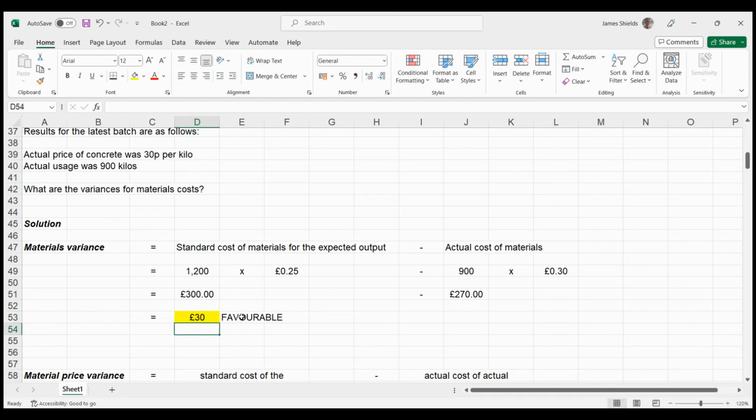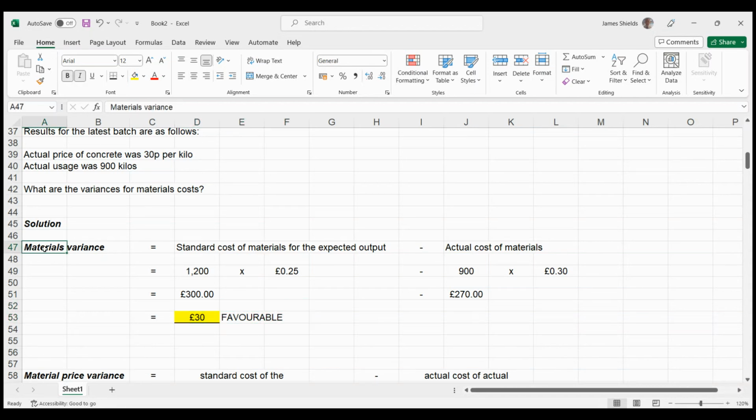Now the variance is going to be either favourable or adverse. So let's see why it's favourable. The standard cost for the expected output was going to be £300, but the actual cost of the materials was only £270. So it's cost us less than expected. So if it's less than expected, it's favourable. So the overall material variance is £30 favourable.